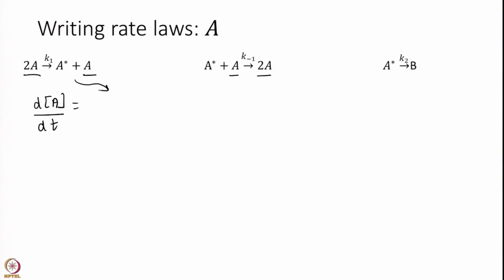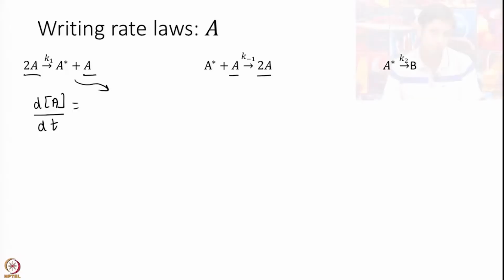What you do is go back to the fundamentals. How is rate defined? Rate is defined based on the extent of the reaction. It is a differential of the extent of reaction with time. How is extent defined? It is defined on the consumption or production of a given element or molecule.